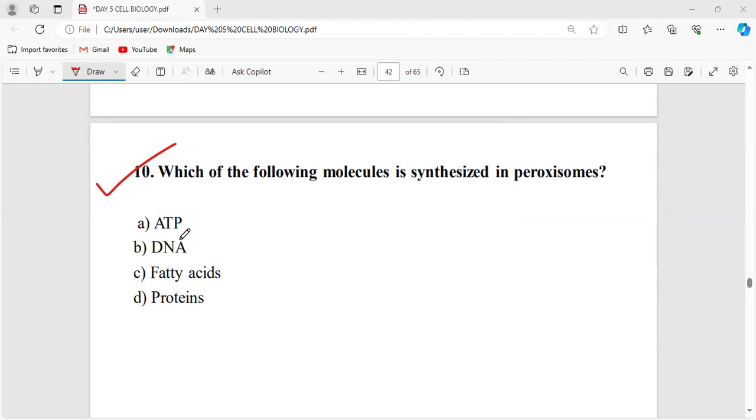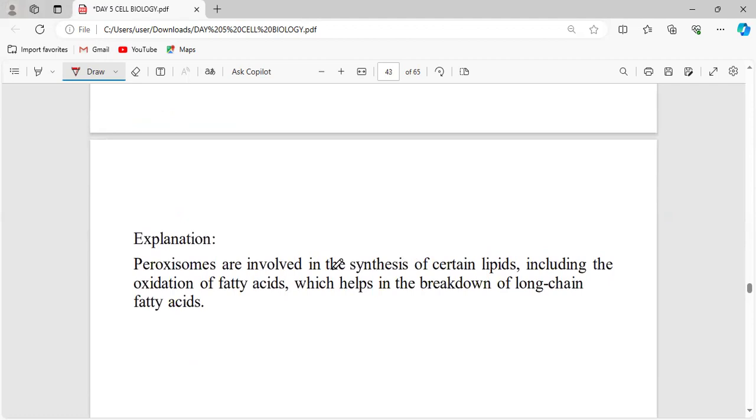See, it has no DNA, it has no ribosomes to synthesize proteins. Just now we have studied that it is involved in the synthesis of certain lipids, including the oxidation of fatty acids, which helps in the breakdown of long chain fatty acids.